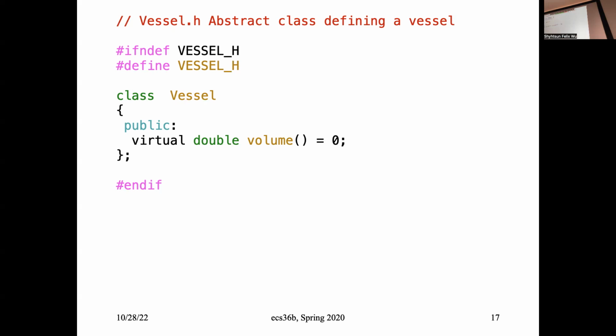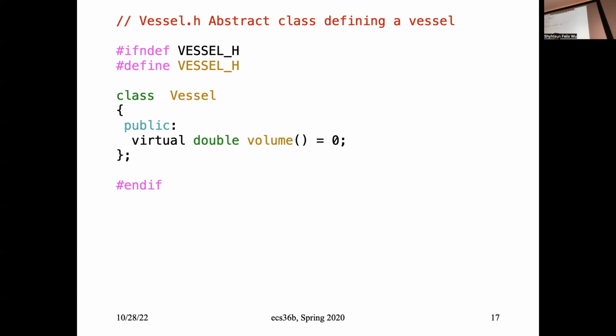That's equivalent to saying every one of your classes has to inherit from this class, which means you have to have the function dump to JSON, because when I define this, everybody who inherits from this class has to have this function.